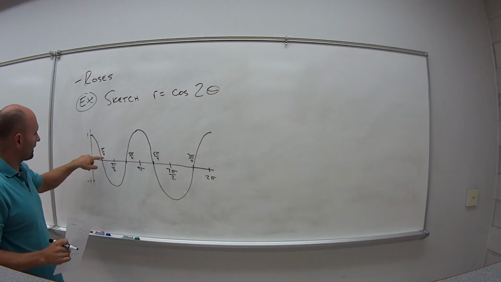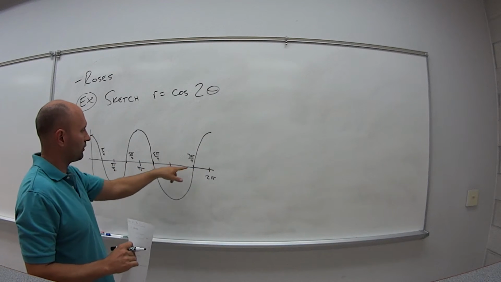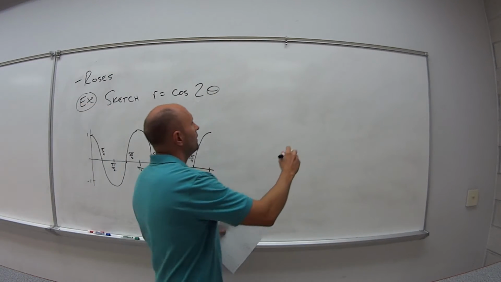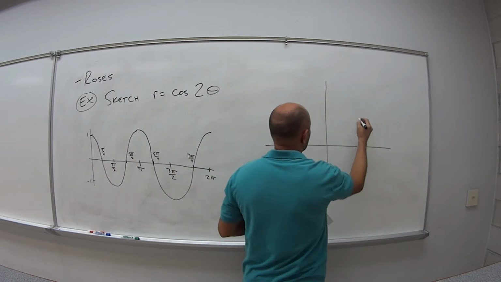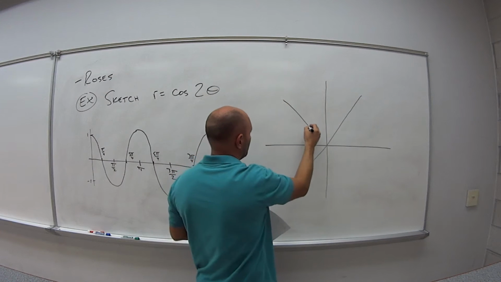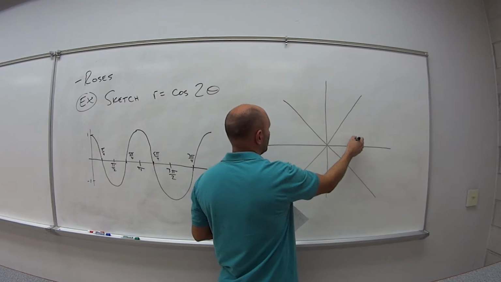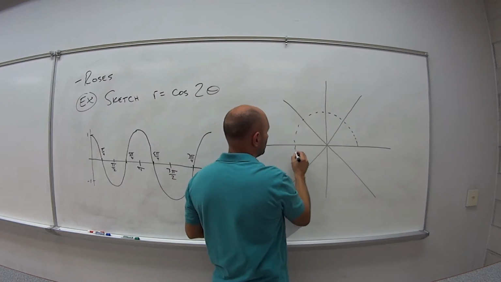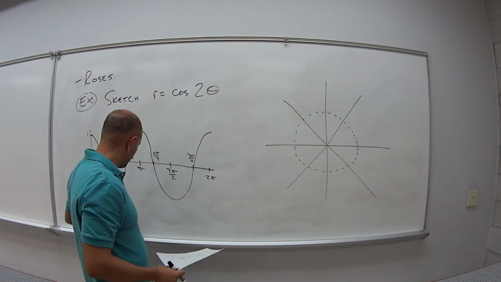The reason I draw those points is I want to know where my 0 point is, where it's crossing this axis. So now if I try to draw this polar graph, and because I'm dealing with pi over 4 and 3 pi over 4 and so forth, that's like the x on the graph there. And because my amplitude is only 1, I'm just going to draw one circle around there.